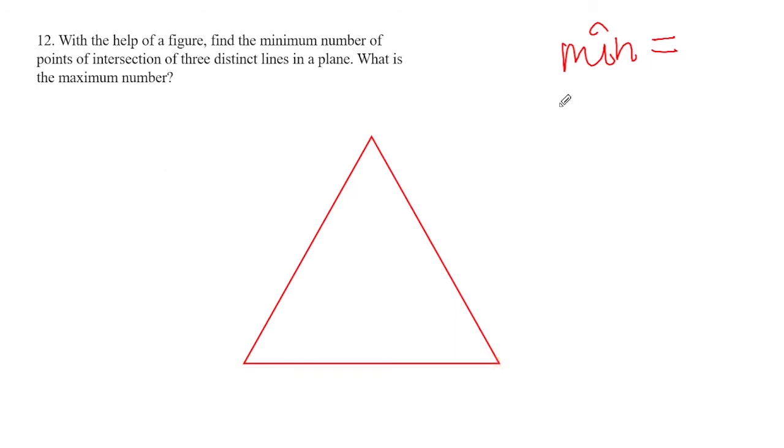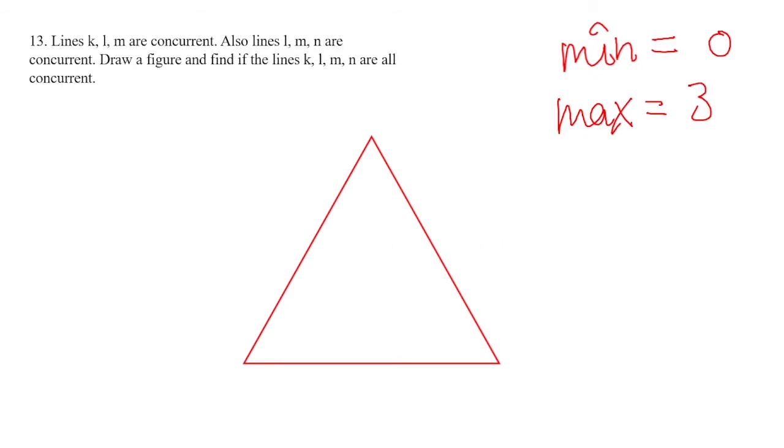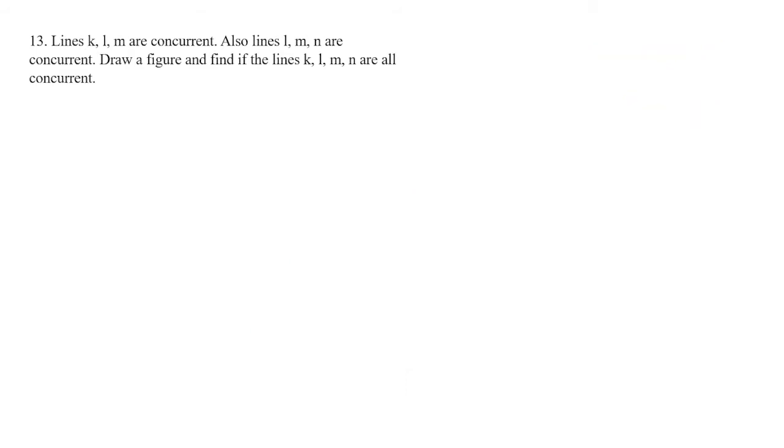So the max is equal to 3, minimum is 0. Okay? So this is the answer for this question. It's a little bit tricky to understand, but yeah, it's understandable and very simple.